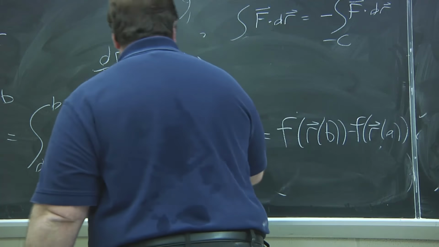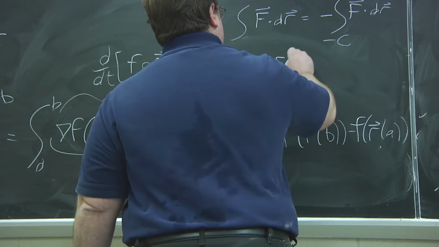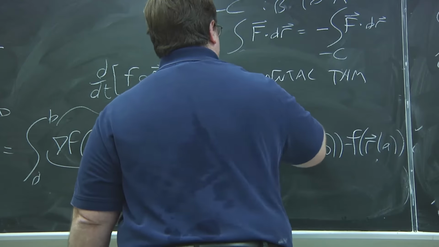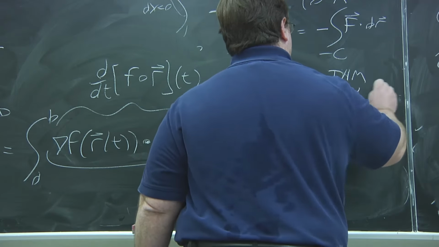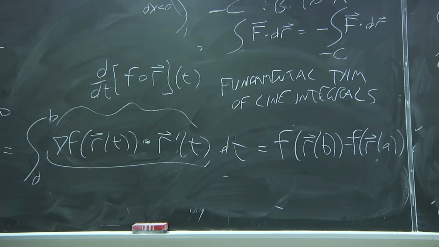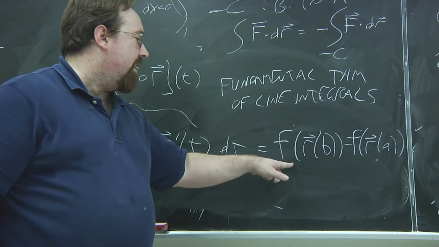So this is what's called the fundamental theorem of line integrals. And you can see how it closely relates to the fundamental theorem of calculus. If you bring this down to just one dimension, it kind of is the fundamental theorem of calculus, combined with the chain rule though.